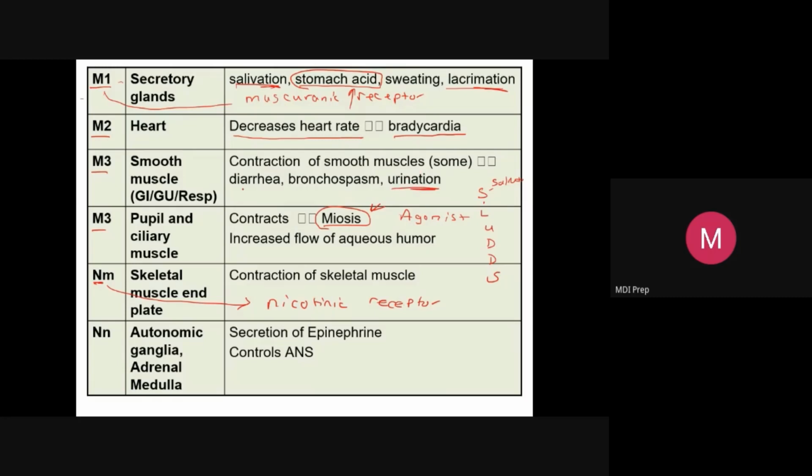The D is diarrhea. The S is sweating. Y'all see that up there? So guess what? These are cholinergic side effects. So that means cholinergic drugs are agonists for muscarinic receptors. Does that make sense to everybody?